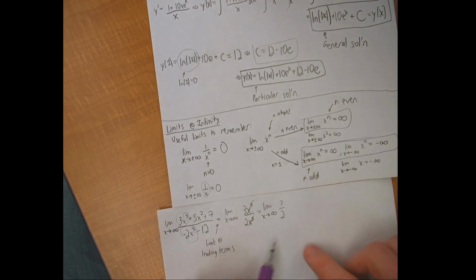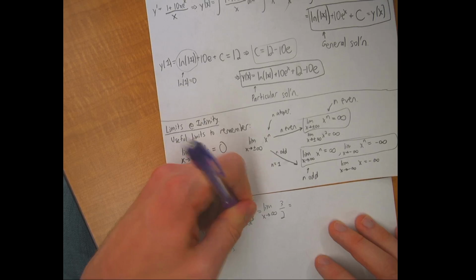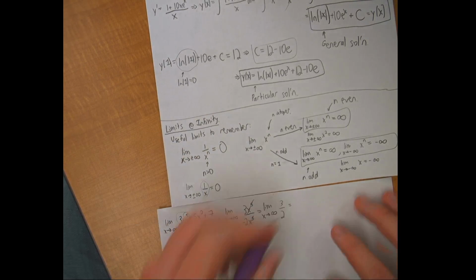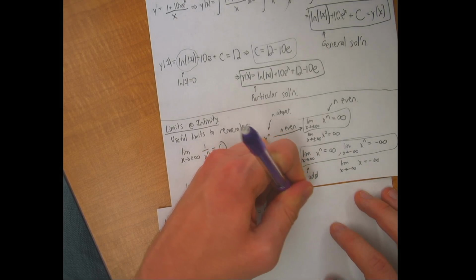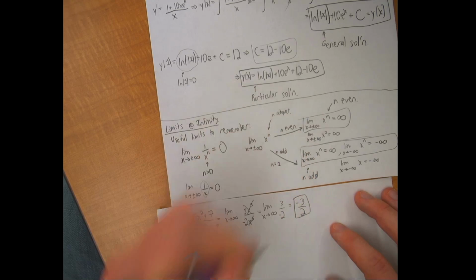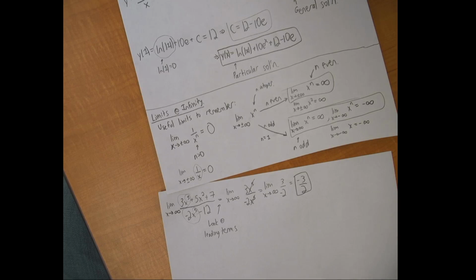But this is just a constant, right? So if x goes to infinity, what should the limit of a constant be? Yeah, just the same constant. Oh wait, this should be negative 2, sorry, there should be a negative here. So you have 3 over negative 2, or if you prefer, negative 3 halves. In any case, that will be your final answer here. Okay? Just an example of that.